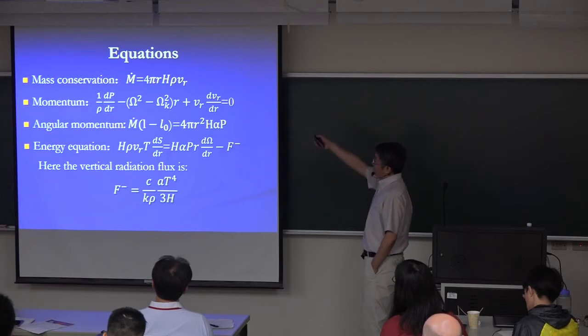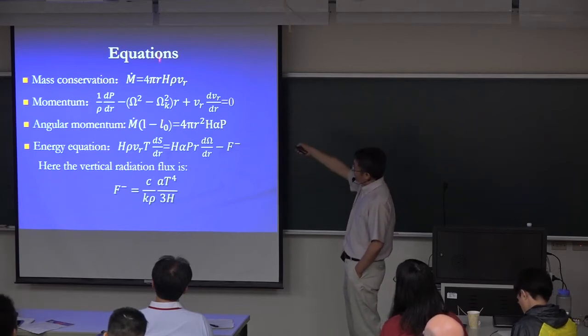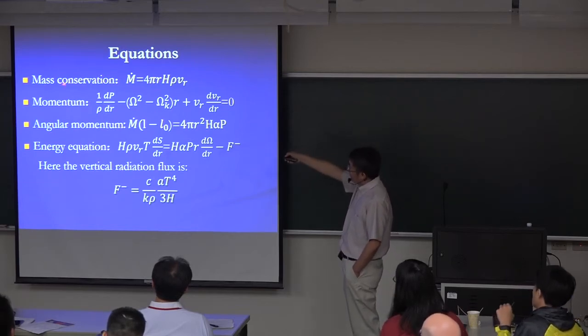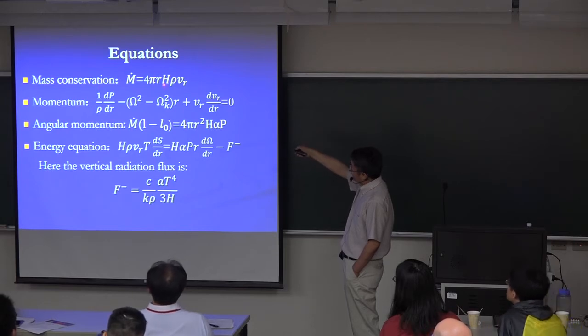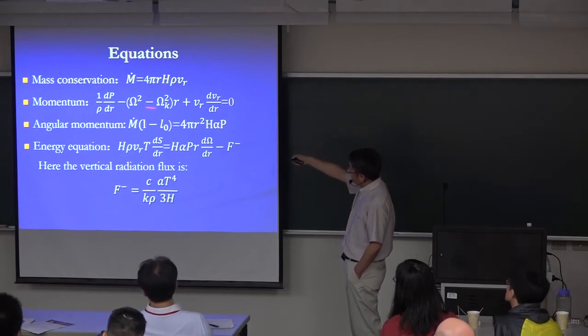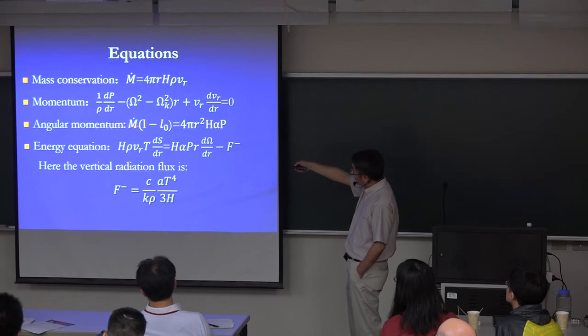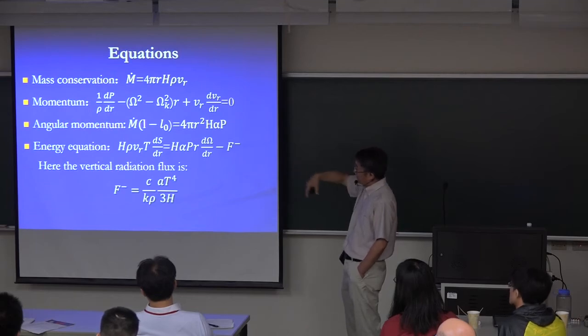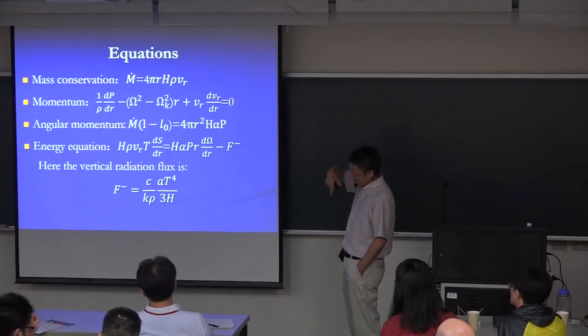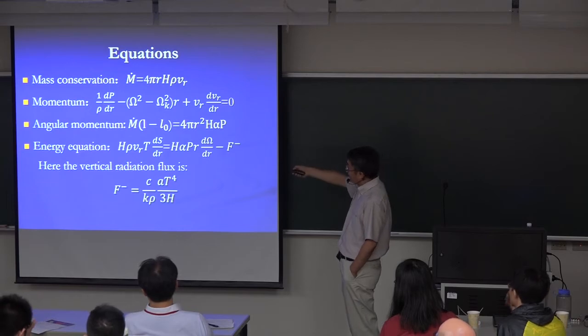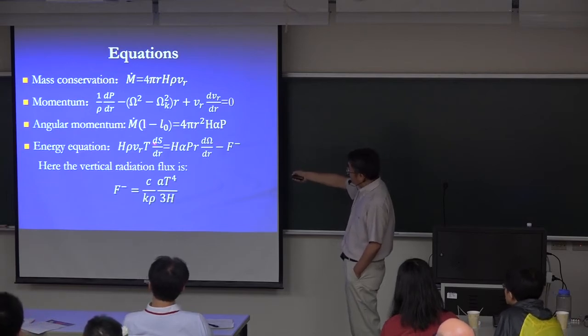These are the equations to describe a black hole accretion flow. First is mass conservation, then the momentum equation in the radial direction, the momentum equation in the toroidal direction for rotation, and also the energy equation.